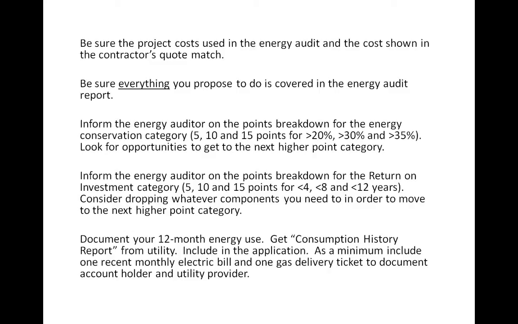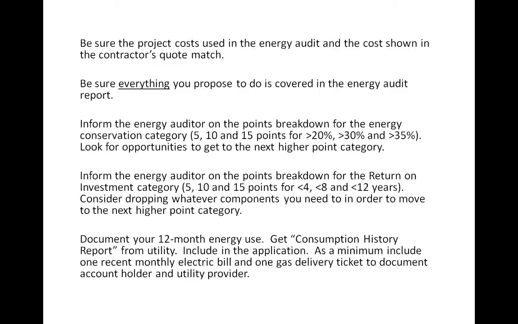And look for opportunities to get to the next higher point category, or encourage your auditor to do that. By all means, I have received some audit reports sometimes that might have a 19.9% energy savings. Do not send in an application like that.